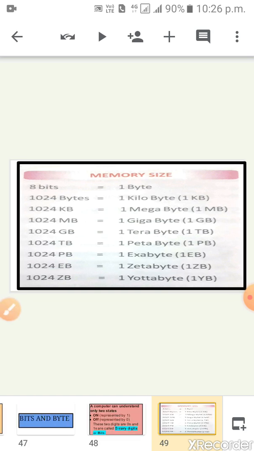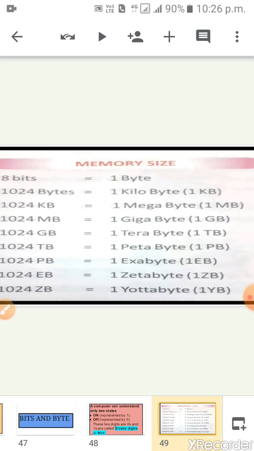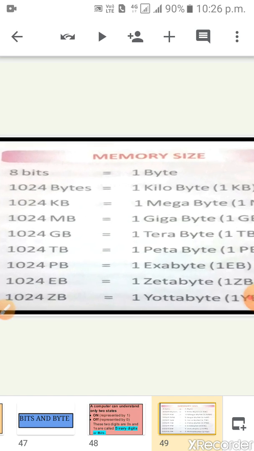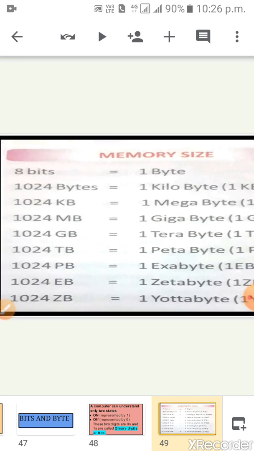Children, look at this memory size. This is the table of the memory size.